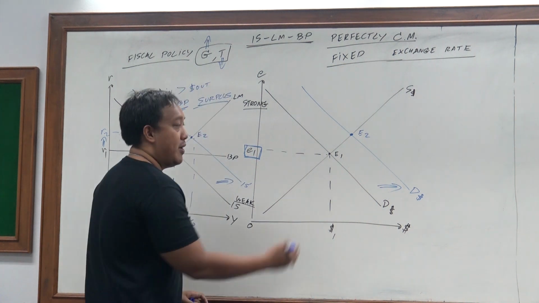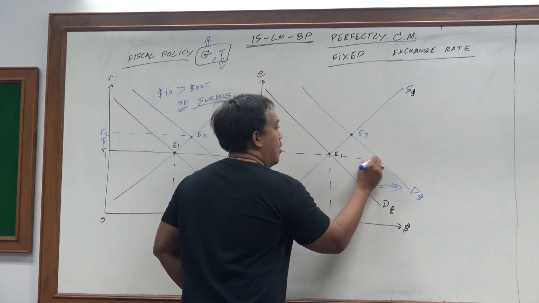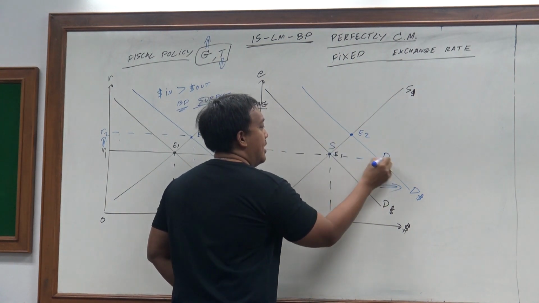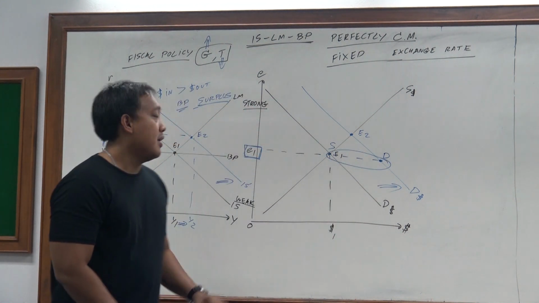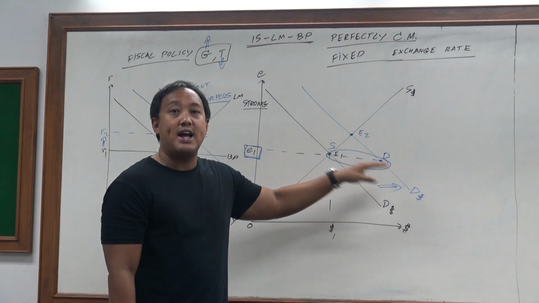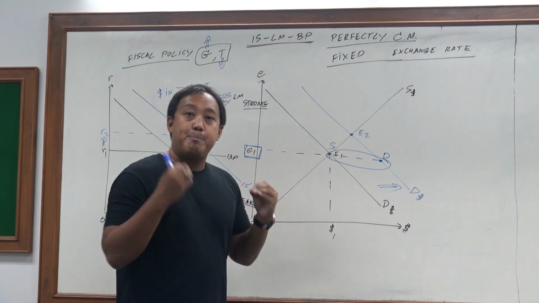What does it mean? Even though demand shifted to the right, we fixed the exchange rate here, so we have a problem. Demand is here, supply is still here. Demand is greater than supply.